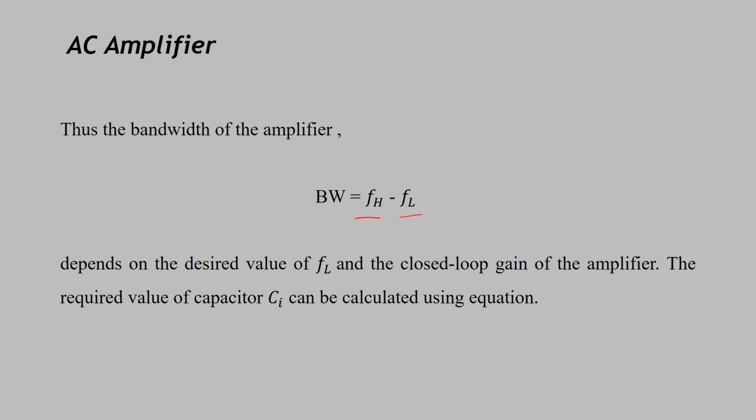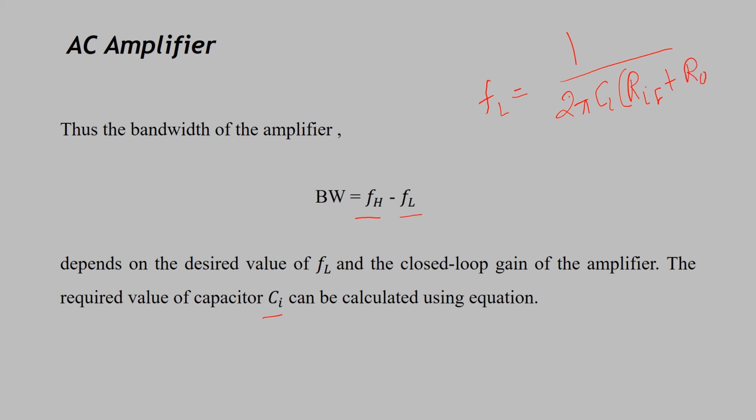The required value of capacitor Ci can be calculated using the equation already given, that is FL is equal to 1 over 2 pi Ci into Rif plus Ro.